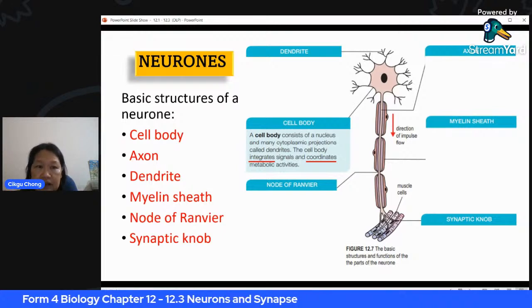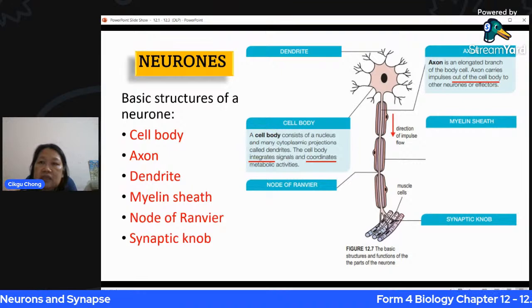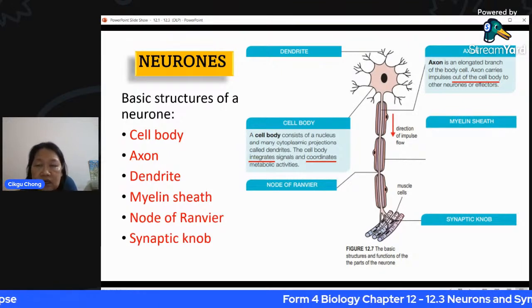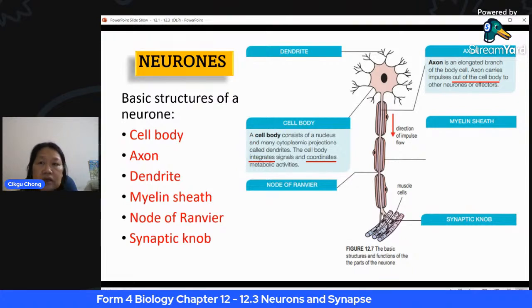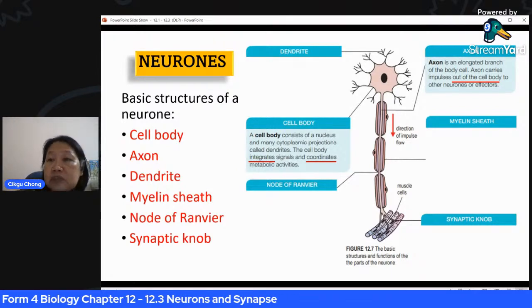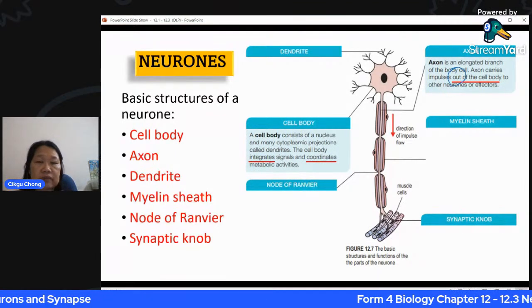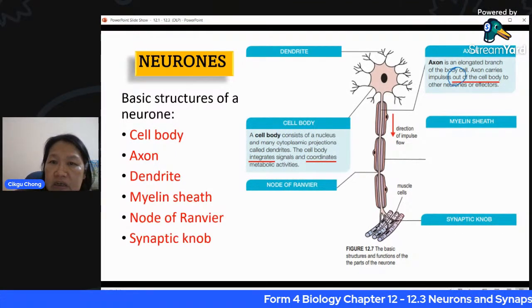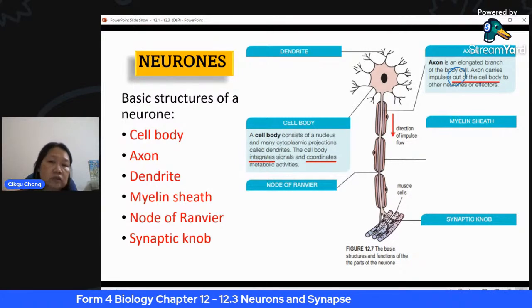After that, you will see the axon. The axon is the elongated branch. It comes up from the cell body and it's long. The function of the axon is to carry impulse out of the cell body. So when you have the cell body here, and you see the direction of impulse going this way, this one must be the axon.